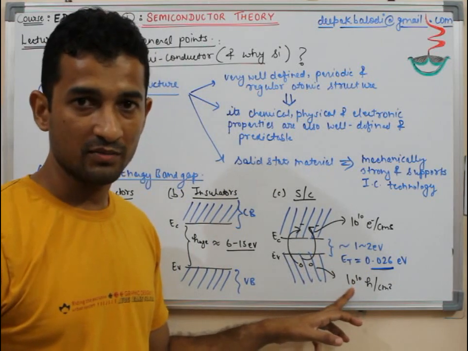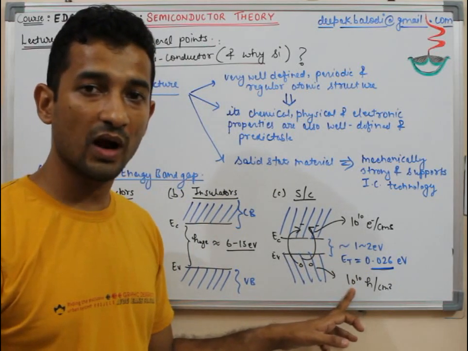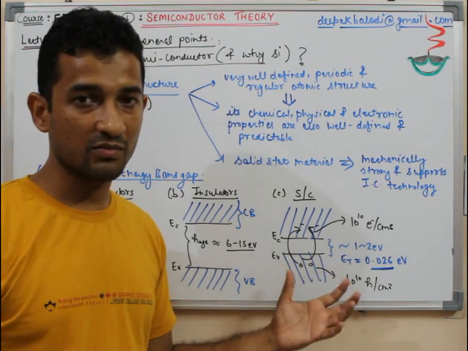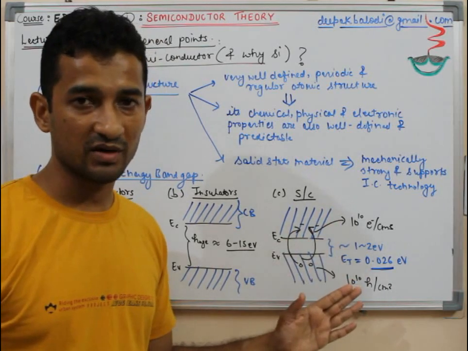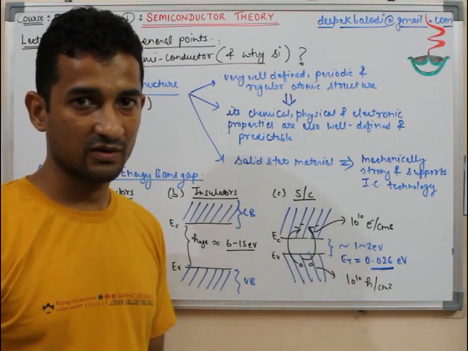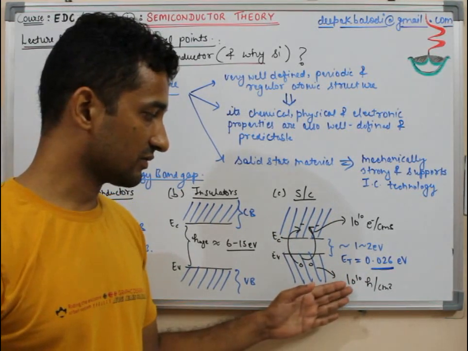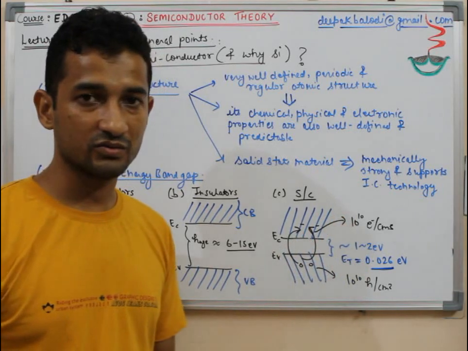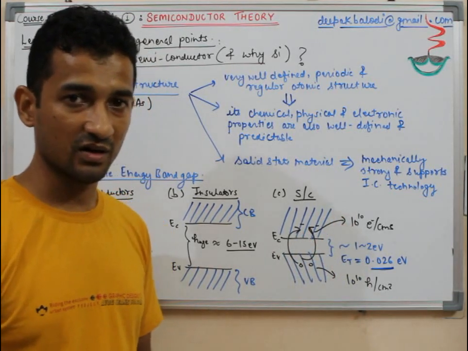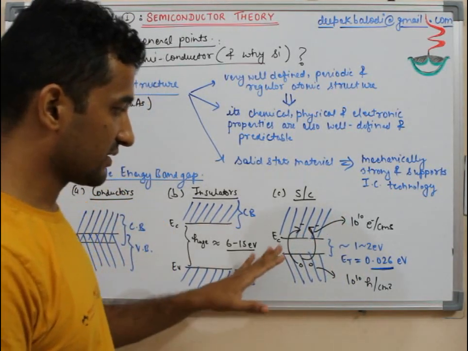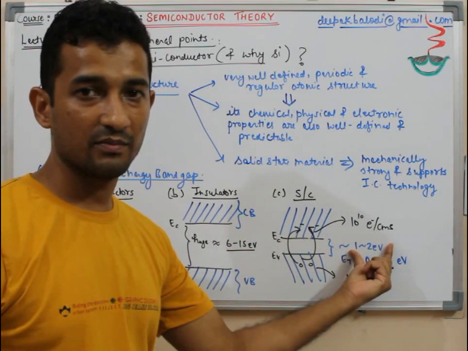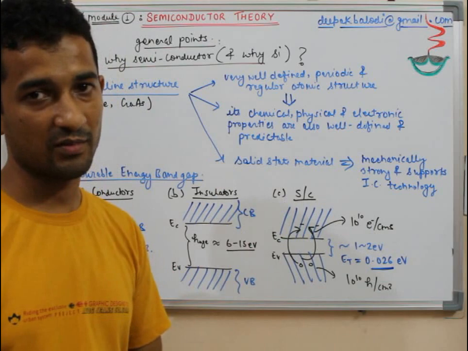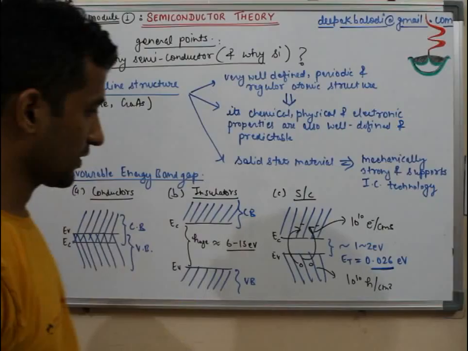They are not huge, because there are 10 to the power 22 atoms, or such a number of covalent bonds, available. Out of that we have not exploited much. So still lots of bond breaking and lots of free carriers remain to be generated. This excellent, manageable energy band gap makes semiconductors a very favorable choice for modern day electronics.